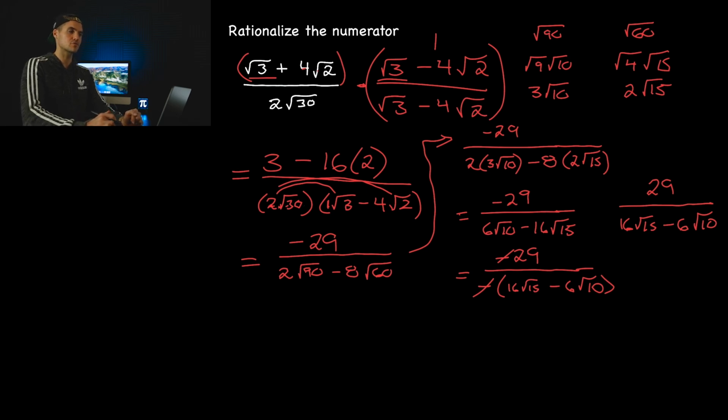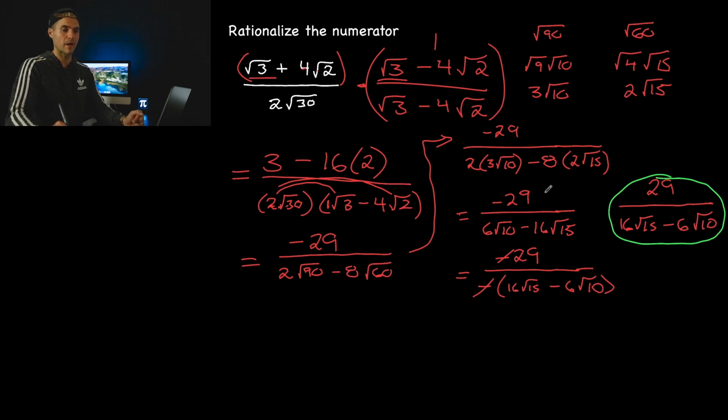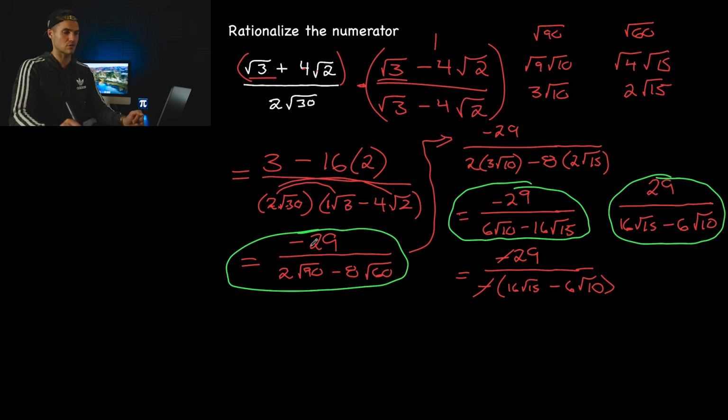So you have to be able to go from one format to the other because maybe the multiple choice is going to have this format instead of this one, right? So just because you get this doesn't mean it's necessarily wrong. You just have to simplify it a little further. So you've got to be a little bit flexible with your simplifications. But basically these two in green and then this in green, these are all the same, right?